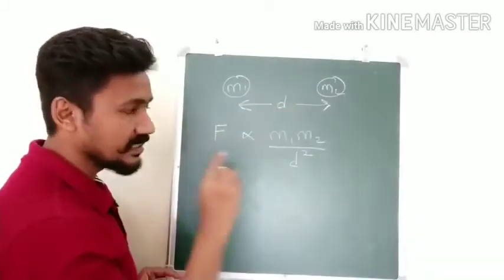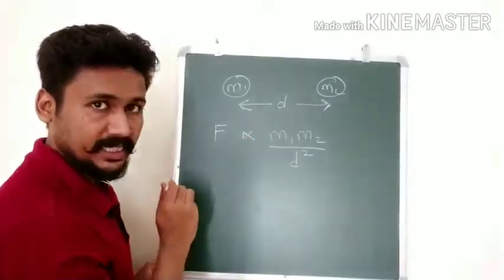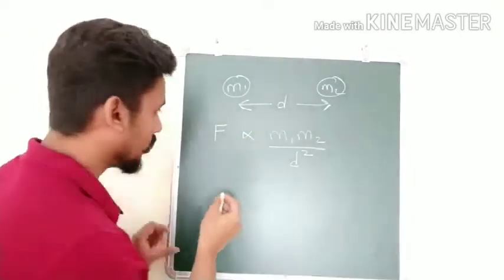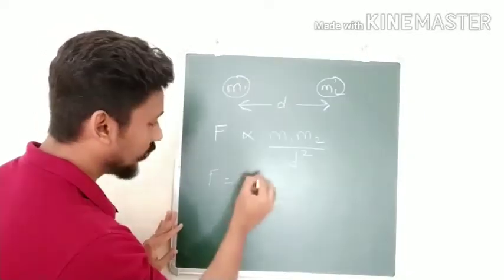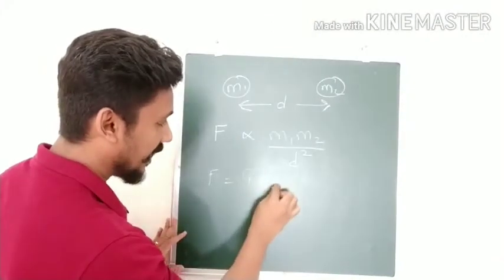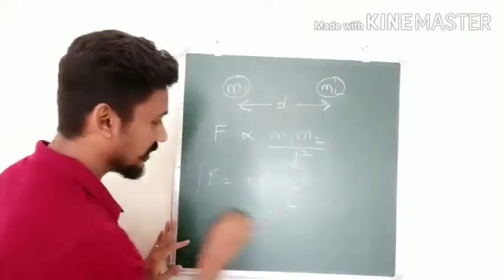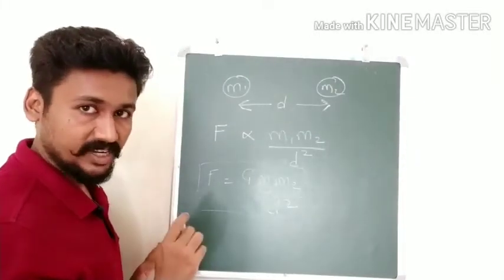Now we have a proportionality sign. To remove that we will add a constant. So we get F equal to G m1 m2 by d square, where capital G is the constant. This is the statement of Newton's law of gravitation.